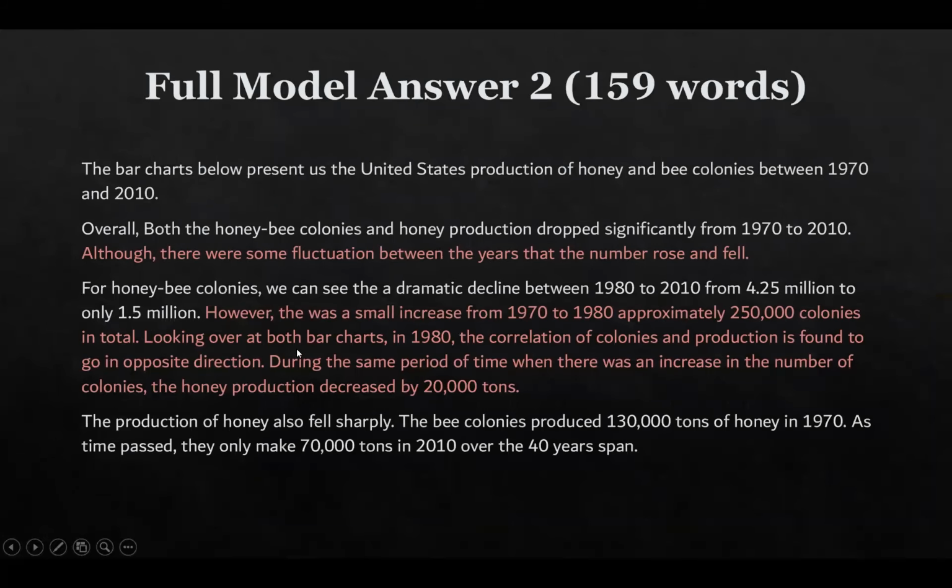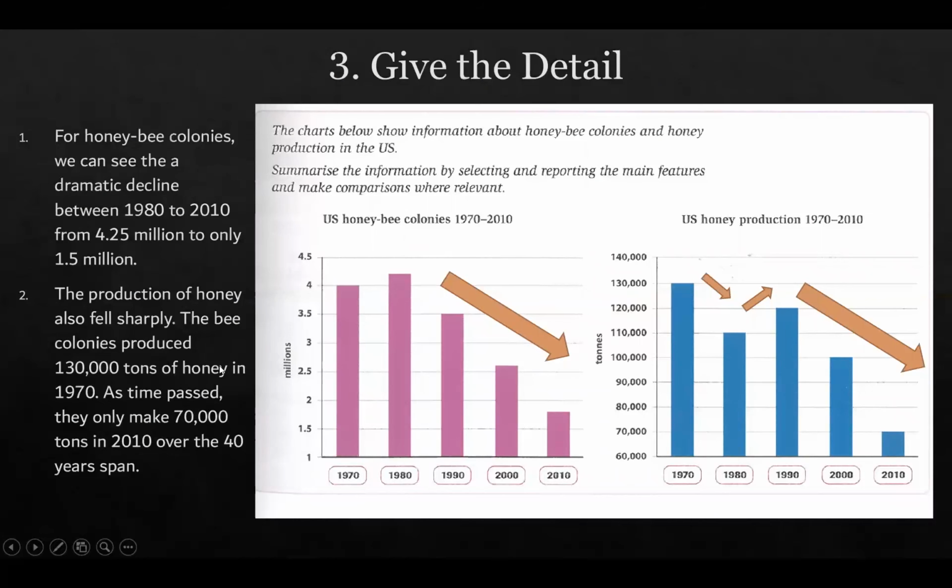Looking over at both bar charts, in 1980, the correlation of colony and production is found to go in opposite direction. Why is this important? Because while this increase, well, when we have more bees, we would normally expect this to go up also, right?